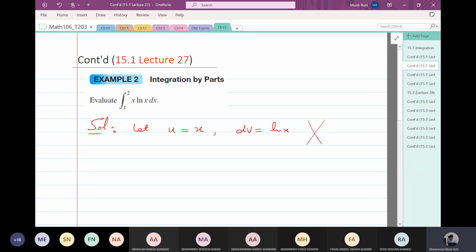No, so we take ln of x as u. Because I told you the second function should be such that its integration is easy. Do you know the integration of ln of x?